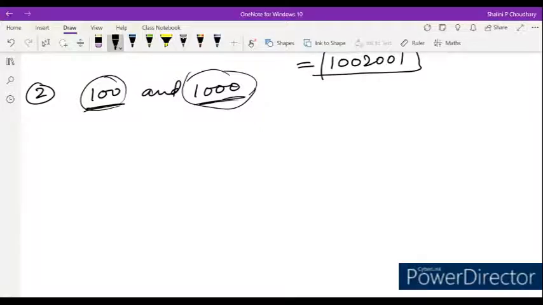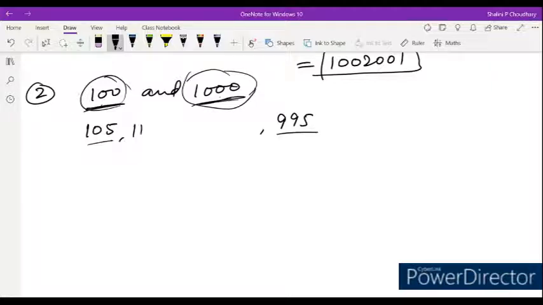So the multiple of 5 after 100 will be 105, and the multiple of 5 before 1000 will be 995. So we will not take 100 as the first term and will not take 1000 as the last term. 105 will be the first term and 995 will be the last term.